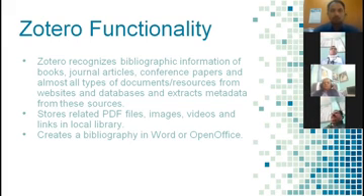So if you go for a journal article, fields will be different. If you go for a conference paper, fields will be different. But for all kinds of resources, what Zotero does is it recognizes the bibliographic information of any kind of resource.